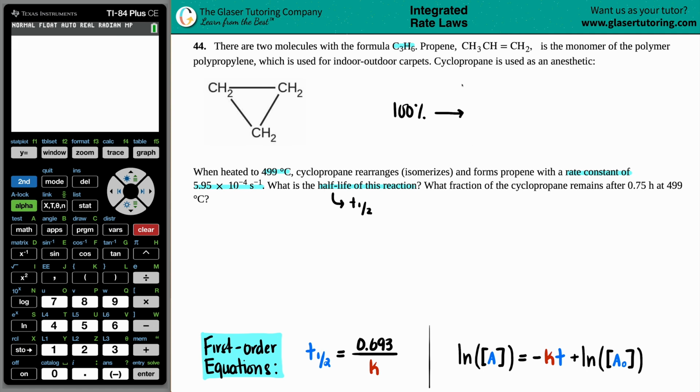But anyway, if you have 100% of your compound, whatever it is, and it goes down to 50%, that specific time that it dropped by 50% of what it was in the beginning, that's a half-life. So that's a T-half. And then if you take your sample and you drop it down another 50%, aka you divide by 2, so this would be 25, that's another half-life.